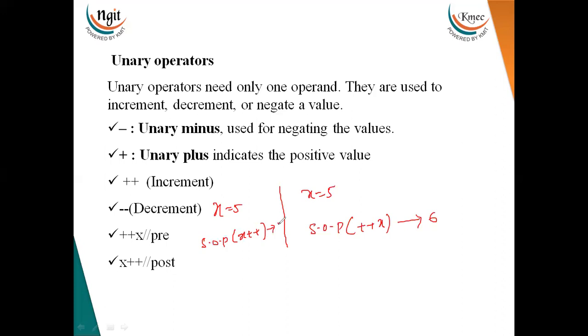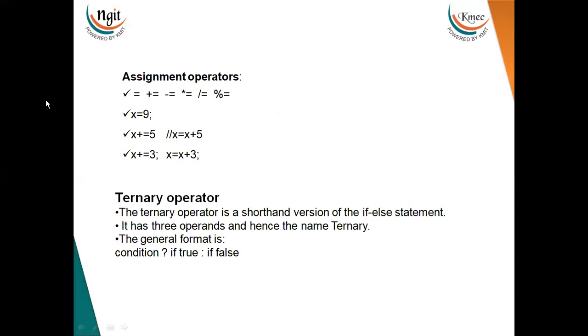The value in this particular statement remains the same. In the next statement, if you print the x value, it will be 6. So the post-increment value always affects the next statement. Decrementation is the same: in incrementation we increase the value by 1, and in decrementation we decrease the value by 1.